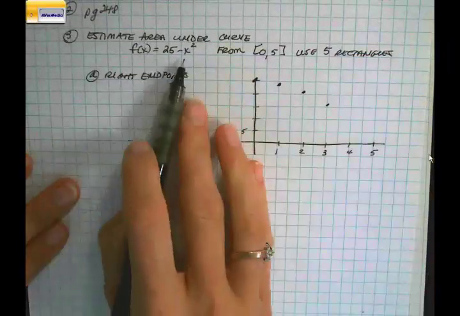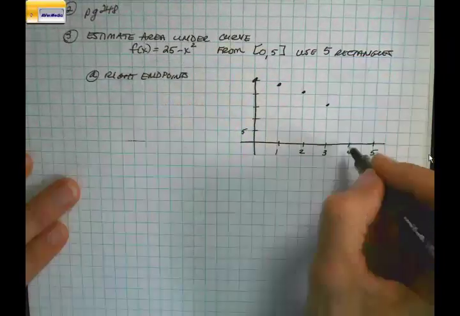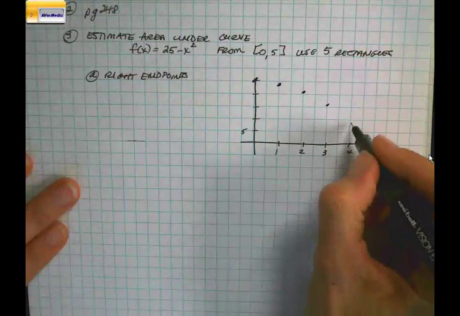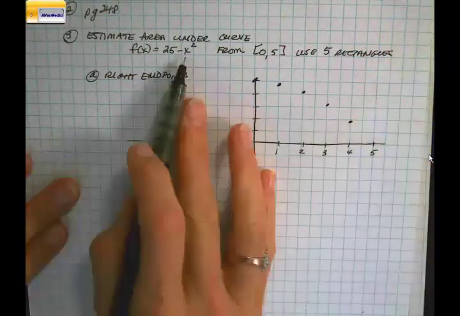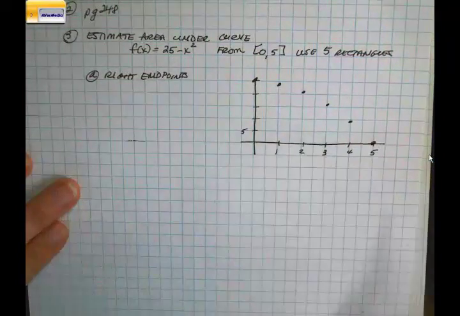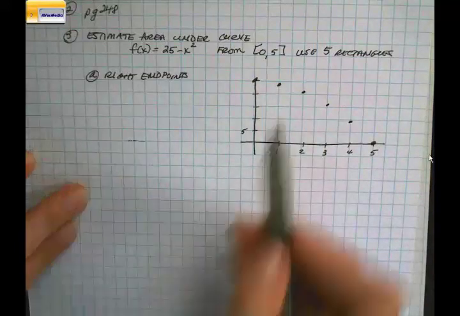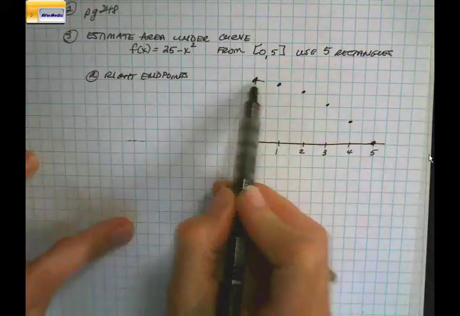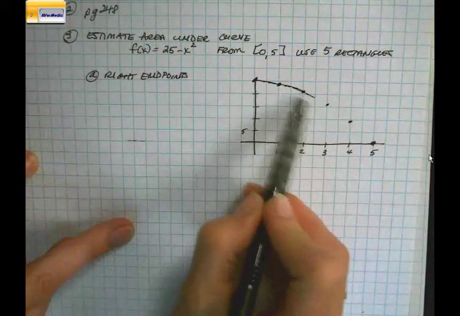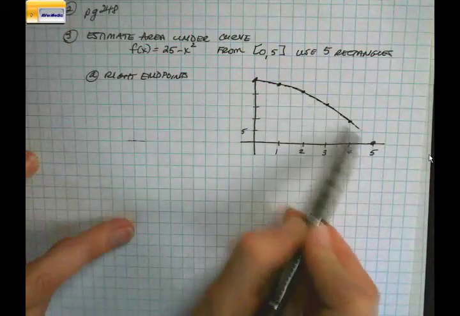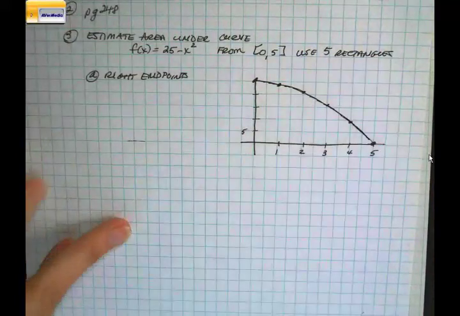At 4, 25 minus 4 squared is 25 minus 16, which is a height of 9. And then at 5, 25 minus 5 squared is 0. So here it is, our parabola concave down.